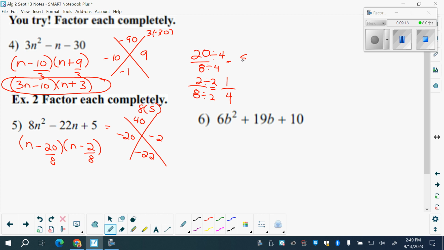And we get 5 over 2 on this one. So this gives us n minus 5 over 2 and n minus 1/4 when we simplify them. And now we slide both of these numbers to the front. So this becomes 2n minus 5 and 4n minus 1.